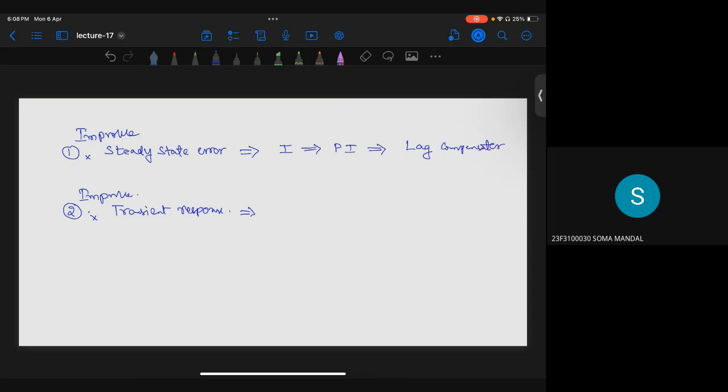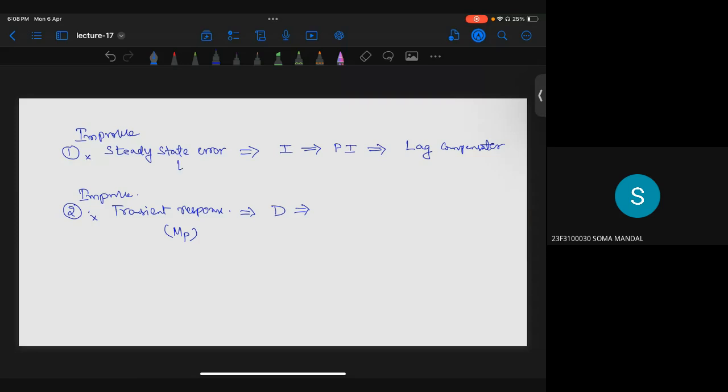Similarly, here we will start with the derivative controller, which improves the transient response. Transient response means, see the MP, peak overshoot.